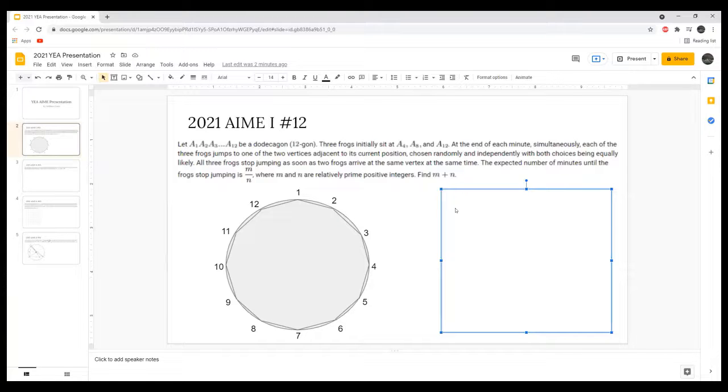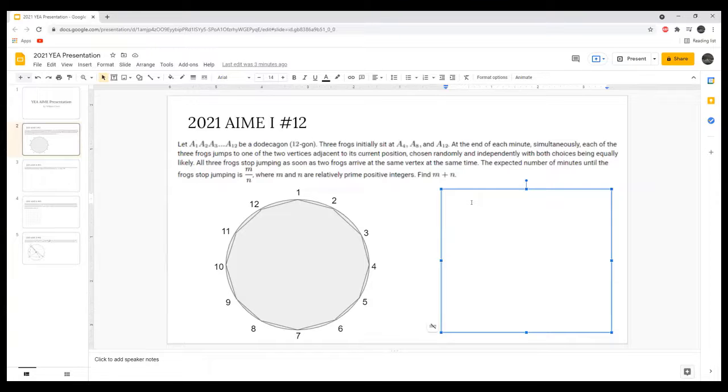Since there are 12 vertices, after every minute we know that each frog must be either on an even vertex or on an odd vertex. So there are only a few possible configurations we can have such that no 2 frogs are on the same vertex.